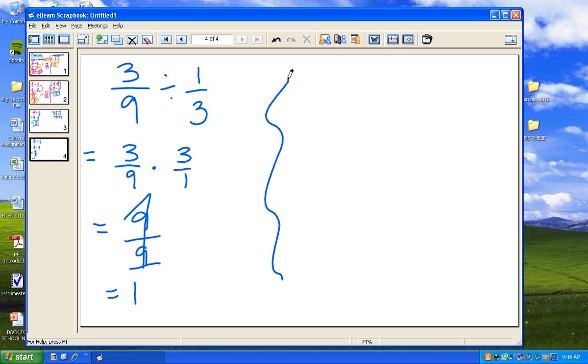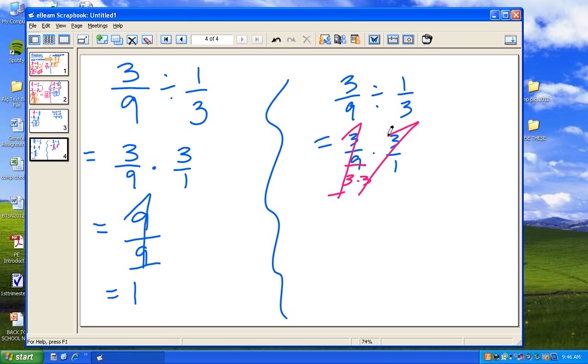Okay, what I want to see is 3/9 divided by 1/3 is really 3/9 times 3/1. And now I want to see that you take it to its primes. 9 is 3 times 3. And this makes an equivalent form of 1. And this makes an equivalent form of 1. So what do I have left in my numerator?